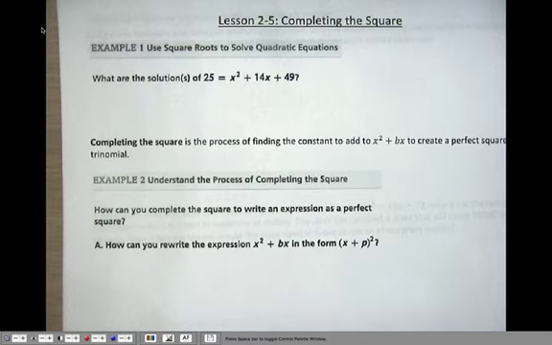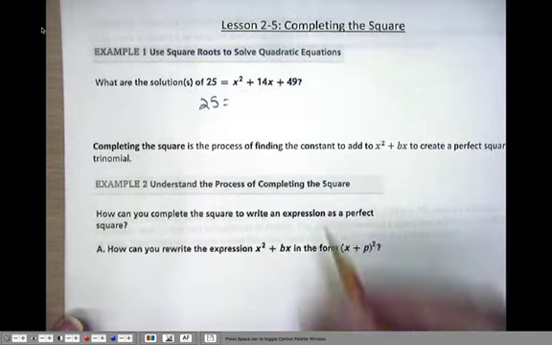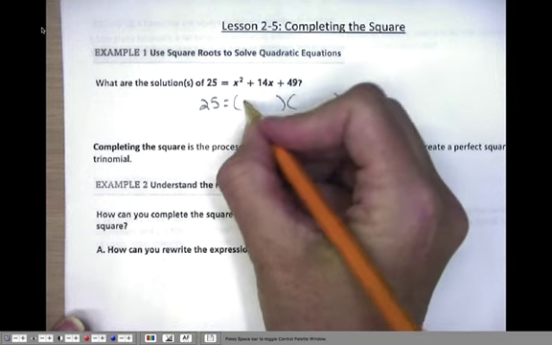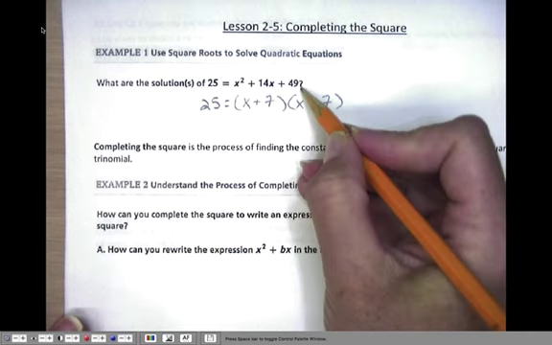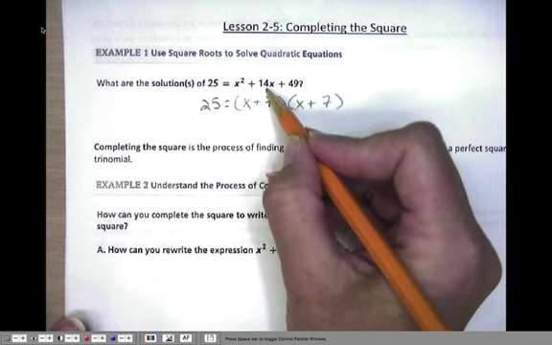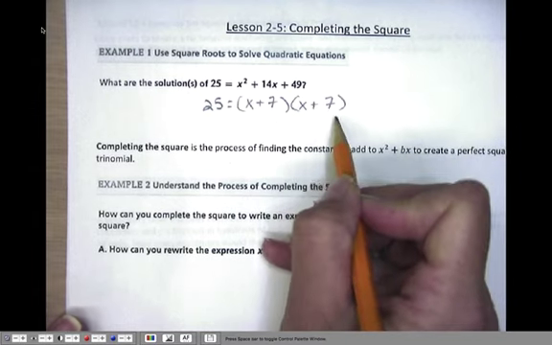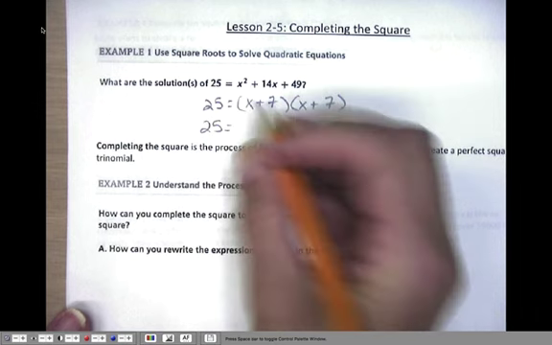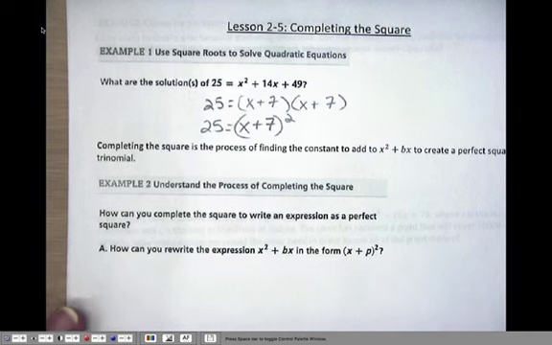What they want you to notice is that on the right-hand side, this factors to x plus 7 times x plus 7, because factors of 49 that add up to 14 are 7 and 7. Well, this is x plus 7 quantity squared. So 25 equals x plus 7 squared.